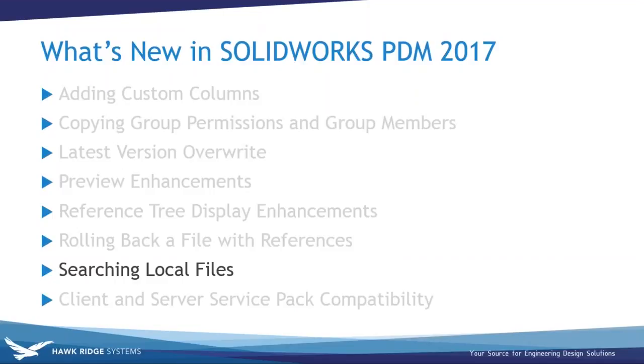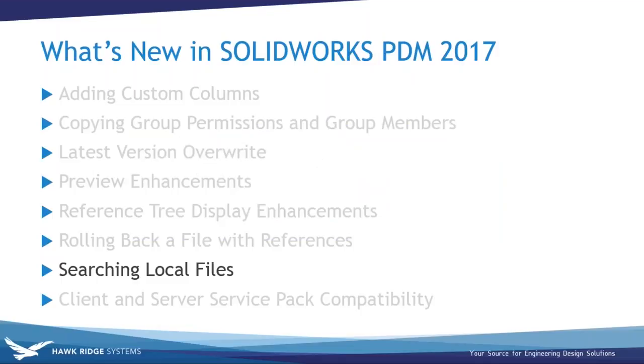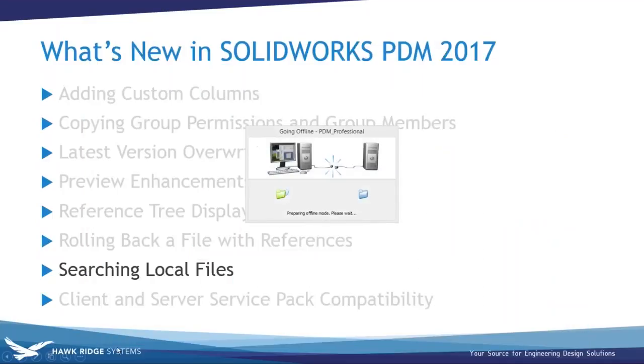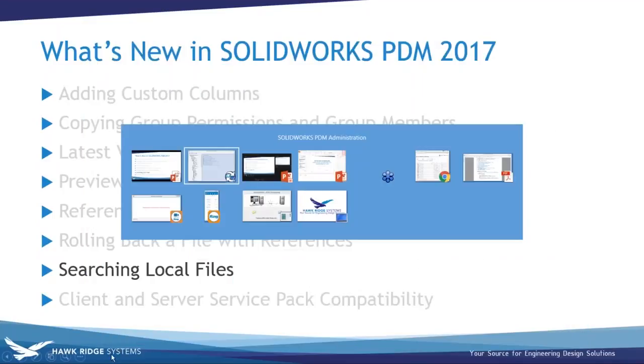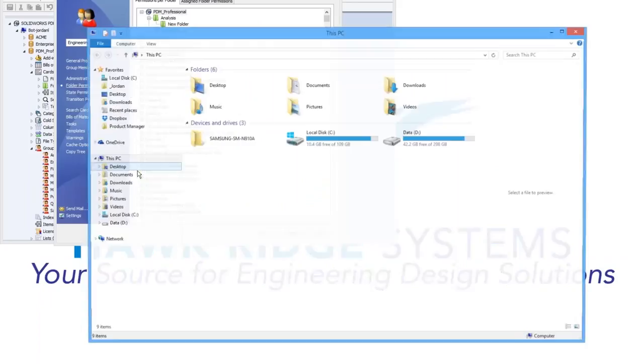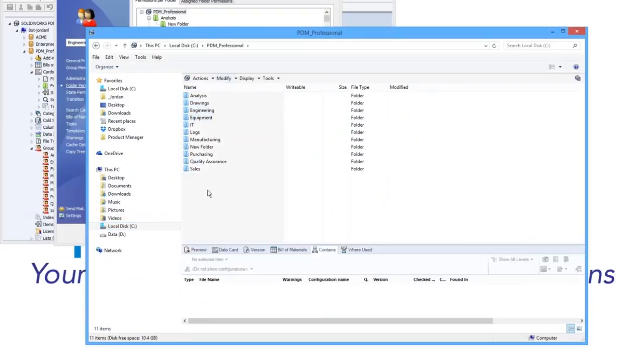Searching local files. This is important if you're using a lot of work offline features. So if I go to work offline for my vault, let me go ahead and pull this back up.